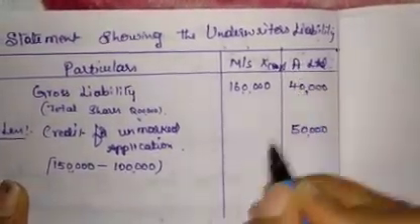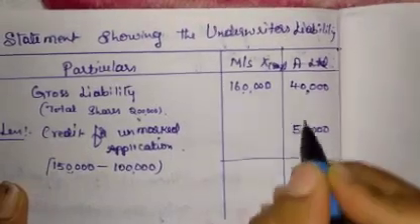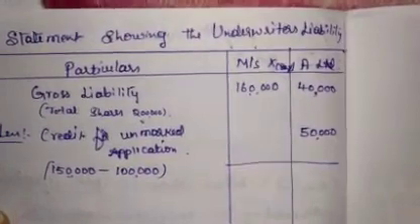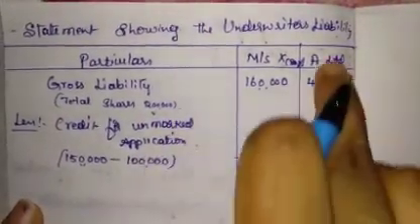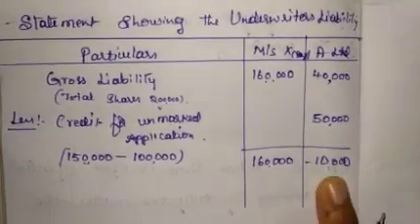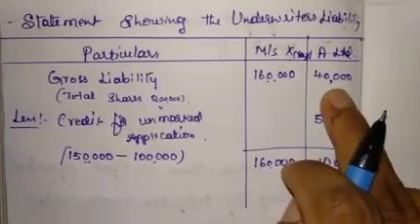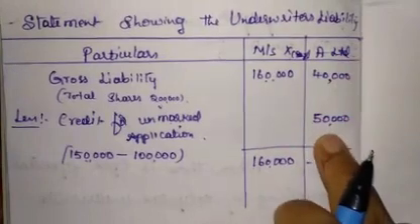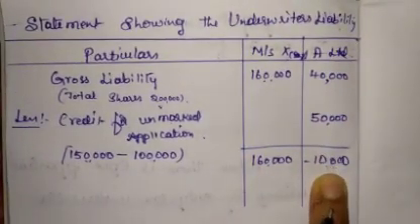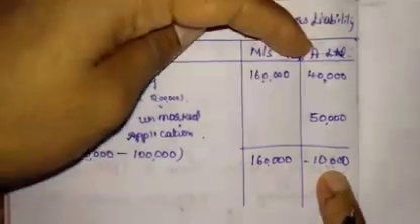Credit is given to the company because the company is an underwriter for the unmarked application, and it is the marked application for the company. So here we get a surplus. 40,000 was the liability to be taken up by the company, but it gets 50,000 shares through its efforts. So an extra 10,000 shares come through the company.